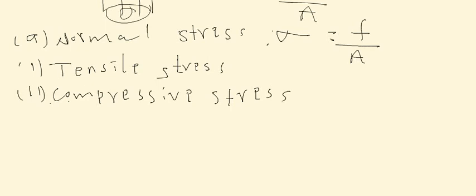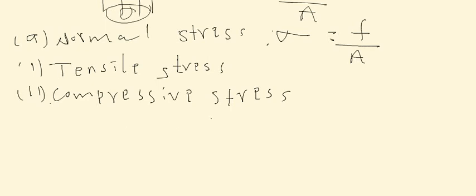So let us explain the tensile stress and the compressive stress. Tensile stress happens when a load is applied on a body and the load tends to pull the material away from each other. This results in an extension of the material in the direction of the load.